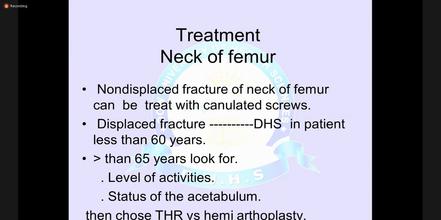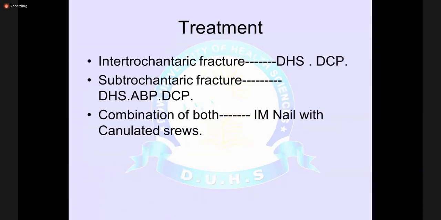If the patient is mobile and has a long lifespan, it should be treated by hemiarthroplasty. And if the patient has a sedentary lifestyle and is not much active, it can be treated with total hip replacement.